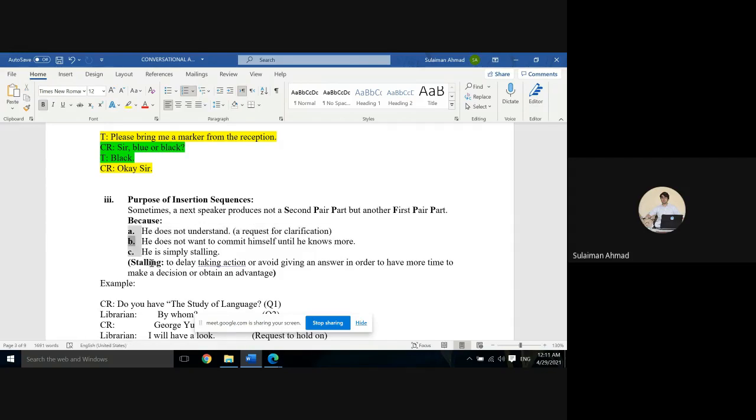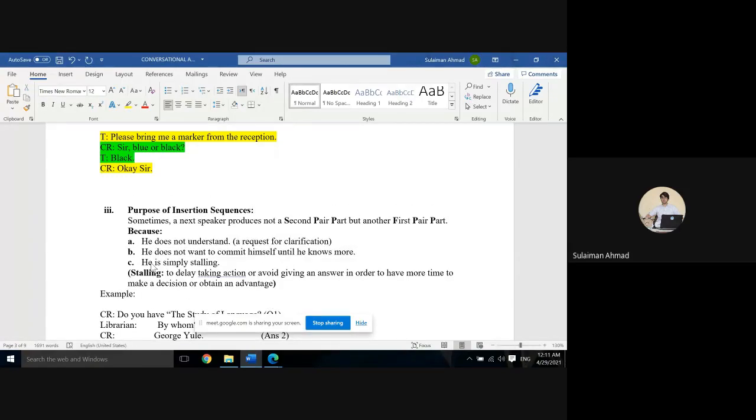The second purpose of insertion sequences is that a speaker does not want to commit himself or herself until he knows more. Let's suppose I ask someone in the class, the topper of the class, I think, Maham, Maham, would you please write an assignment for me?